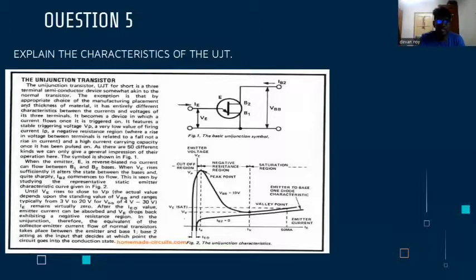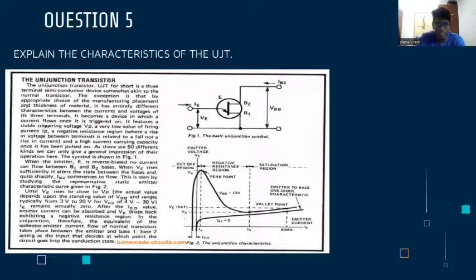By the thickness of the material, it has entirely different characteristics between the current and voltage of the three terminals. It becomes a device in which current flows once it is triggered on.